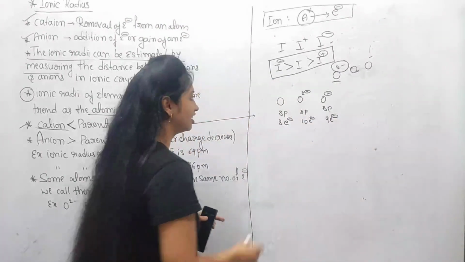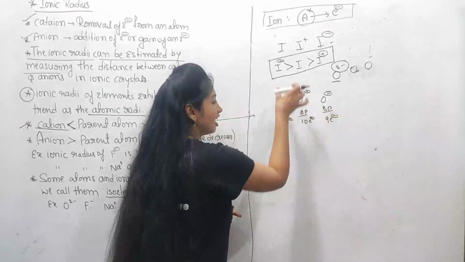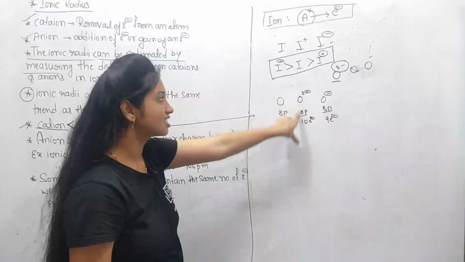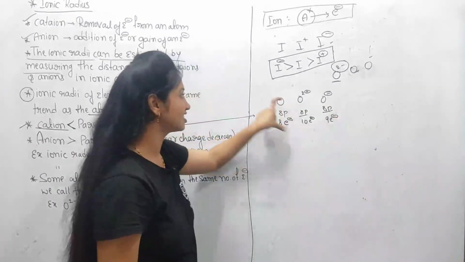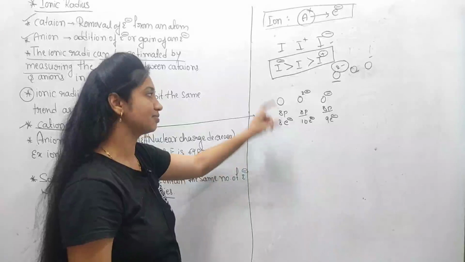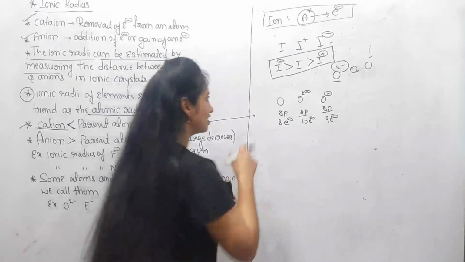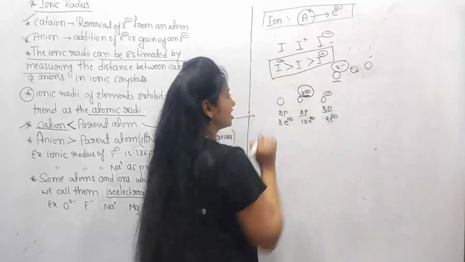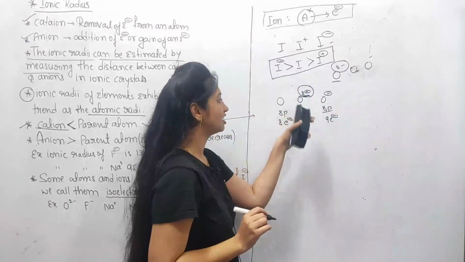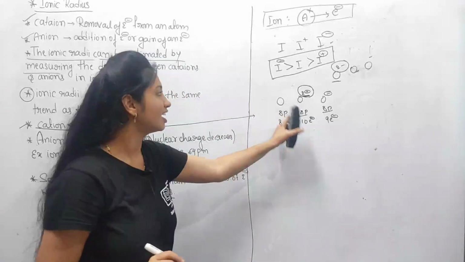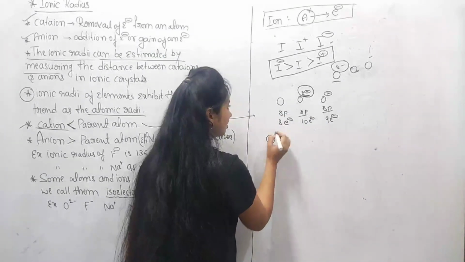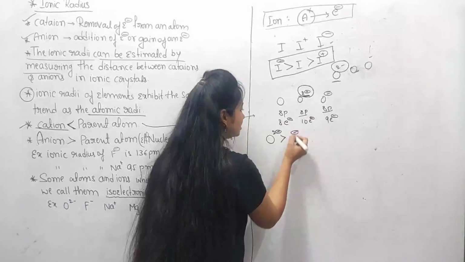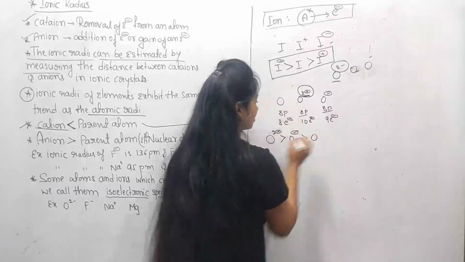With 8 protons, the effective nuclear charge decreases too much in this case, and decreases in this case. Here we have a neutral atom, 8 protons and 8 electrons. So as the negative charge increases, the ionic radius also increases. So the order is O2 minus is greater than O minus, and O minus is greater than oxygen.